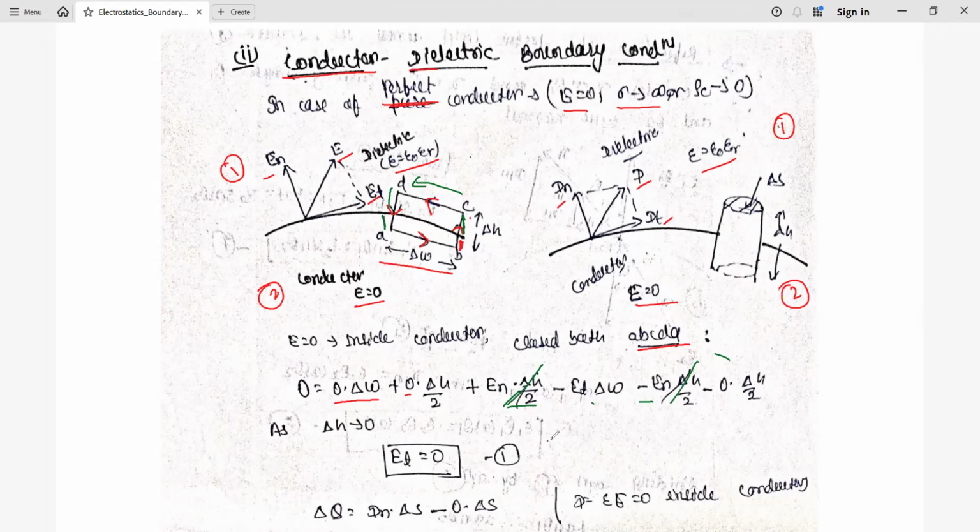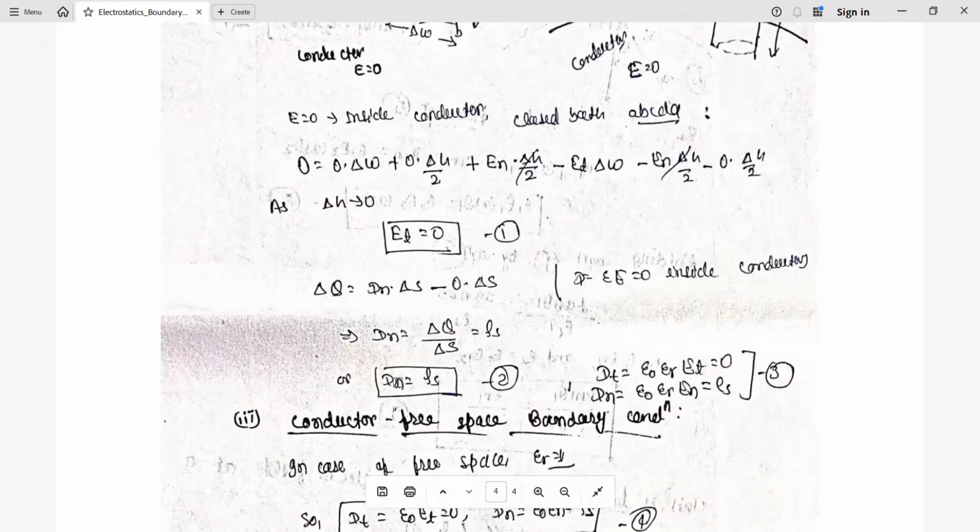So finally, what we are getting here, tangential component is going to become equal to 0. Whereas in case of dielectric, what we have seen, tangential components are equal: Et1 equal to Et2. Here in case of conductor to dielectric, tangential component is equal to 0. So these are the important concepts that we are looking at here.